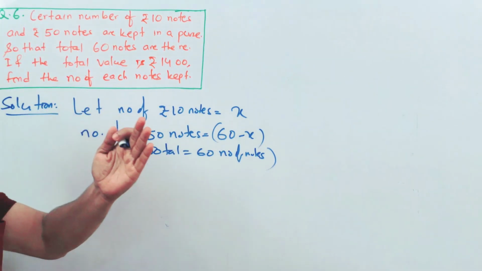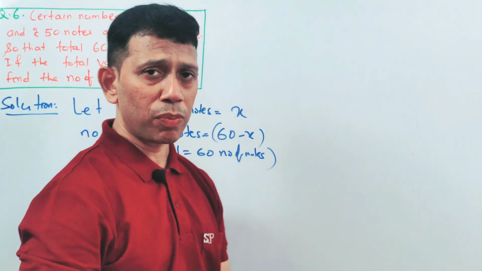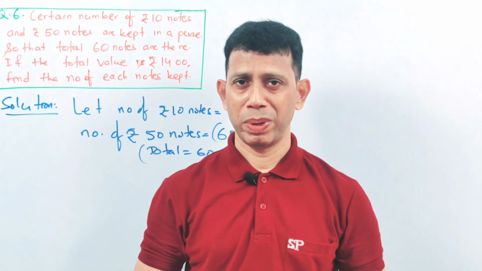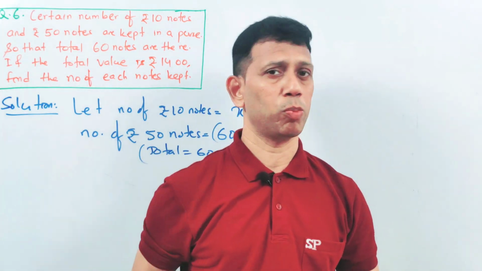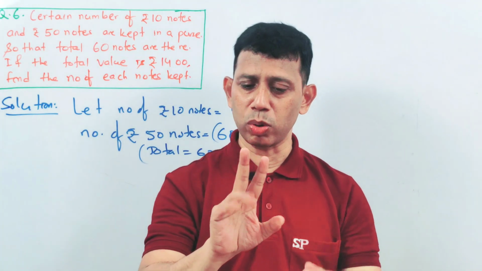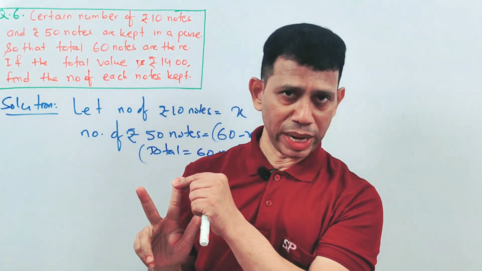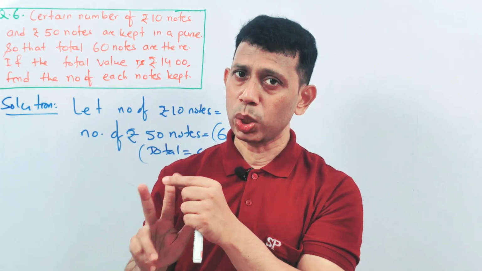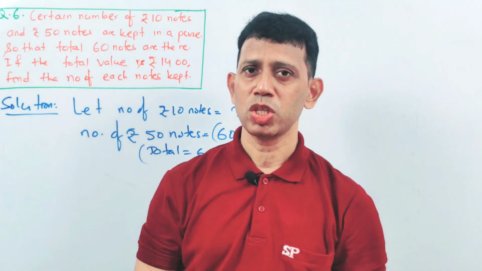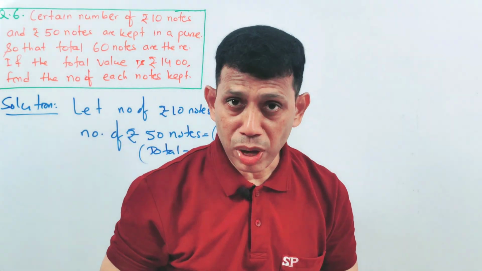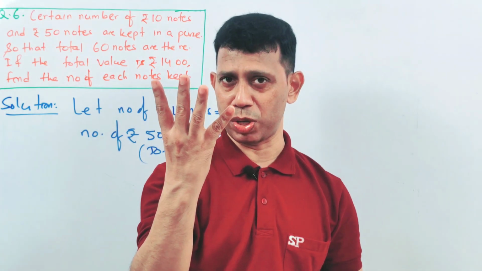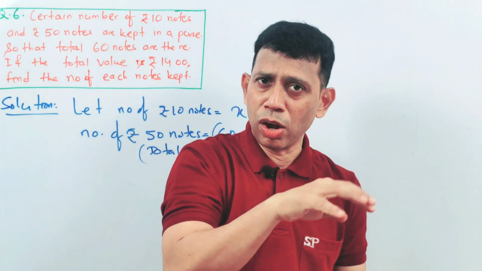After that, students, just think. Suppose you have one 10 rupee note, that is 1 into 10, you have 10 rupees. Suppose you have two 10 rupee notes, that is 2 into 10, 20 rupees. Three 10 rupee notes, 3 into 10, 30 rupees. Four 10 rupee notes, 4 into 10, 40 rupees.